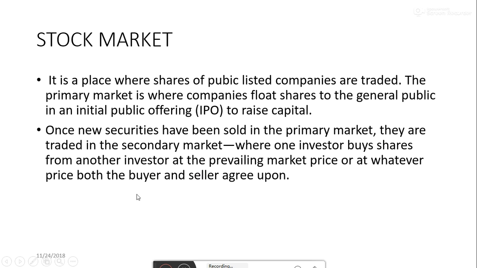A stock market is where shares are traded, exchange hands between investors, and it is literally a zero-sum game.